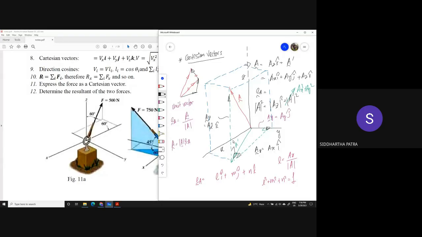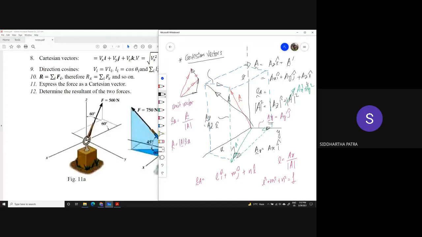I could have instead chosen the xz plane and another vector, which from this parallelepiped is right away the Ay vector. Irrespective of how I decompose A, I'm always going to get the same set of components Ax, Ay, and Az.